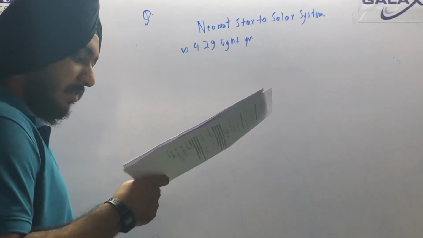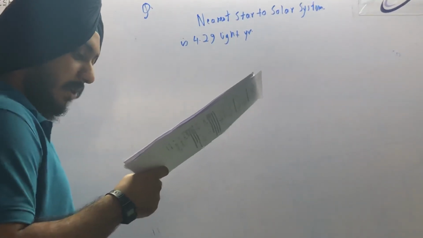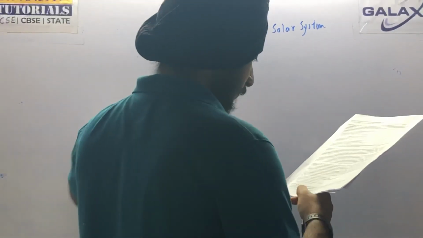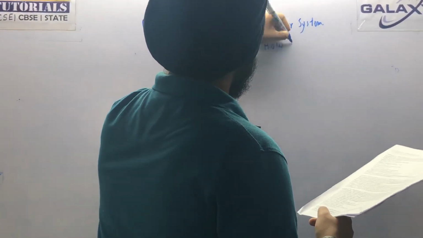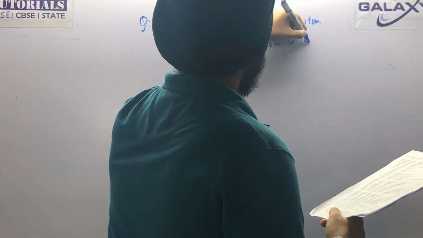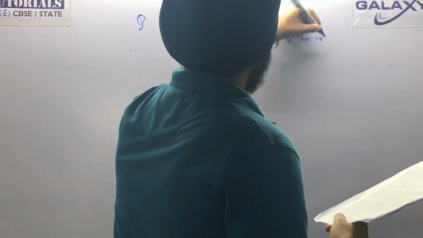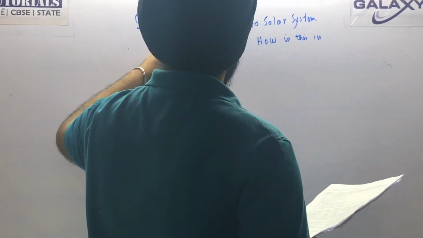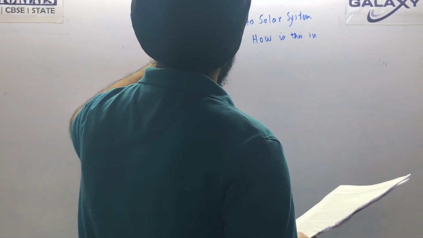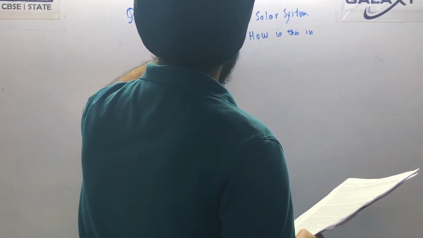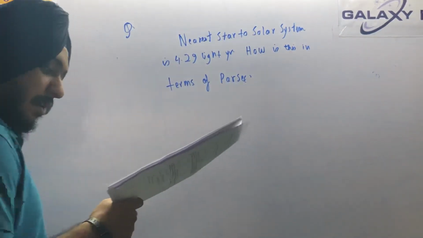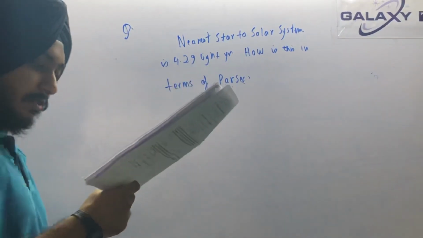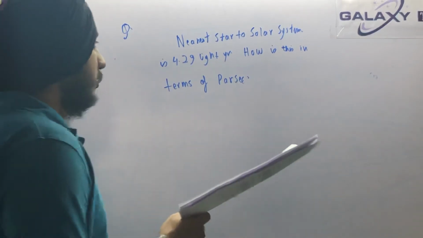How much is this distance in terms of parsec? And how much parallax would this star, named Alpha Centauri, show?